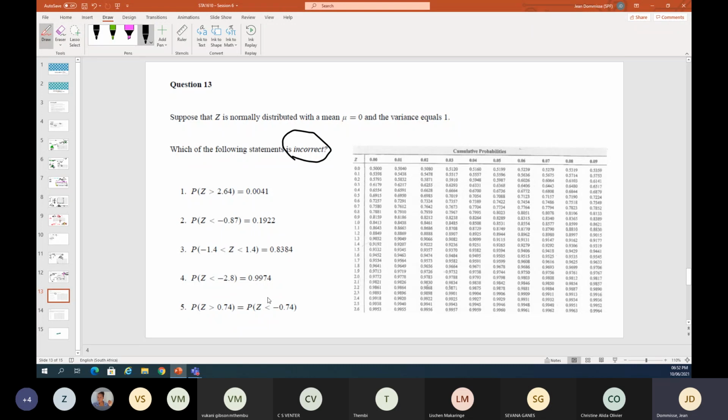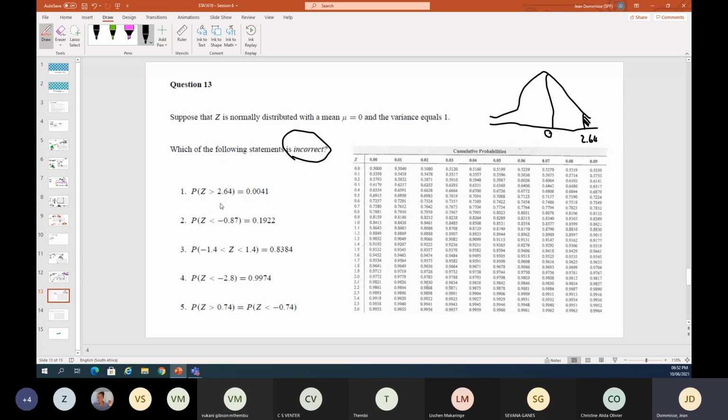So again, when I look at this, I draw my diagram, and I first look at it and say if it can be an option. If I look at Z bigger than 2.64, 2.64 will be somewhere there, so that area will be small, smaller than 0.5.